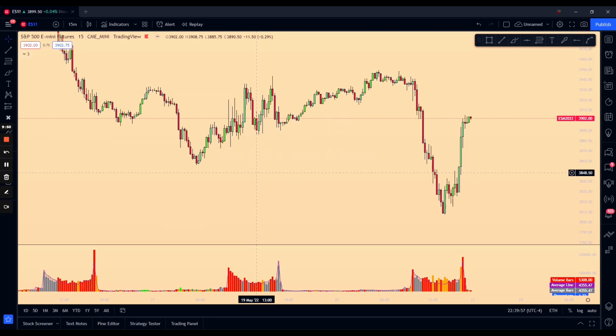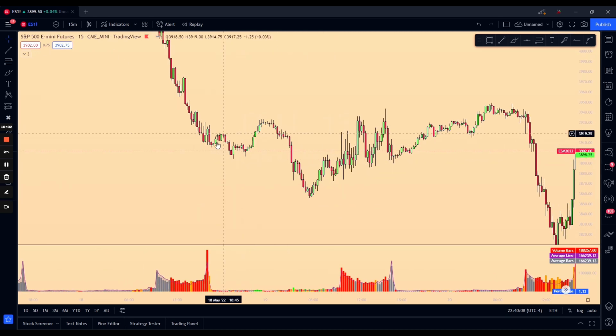When you're playing a zone, you want to see strong, significant movements, and I like to be in and out of my positions fairly quickly.